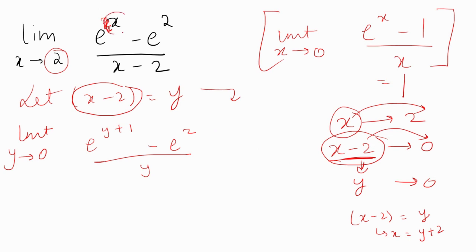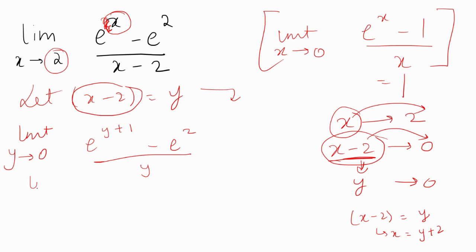And over here, in place of x, I am using y plus 2. I cannot have two variables at the same time. It will be problematic. So I have to use one variable. Instead of x approaching 2, I wrote y approaching 0, which means that x, as I've explained, x approaching 2, x minus 2 is y.